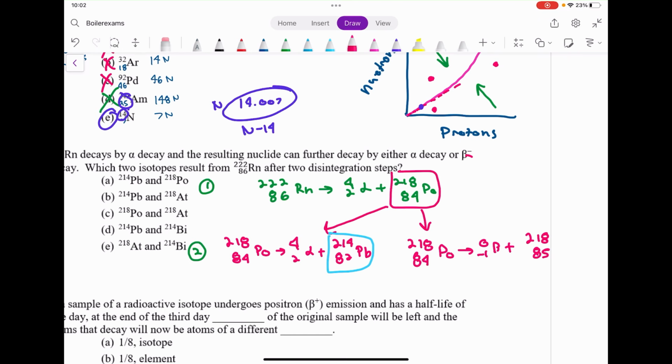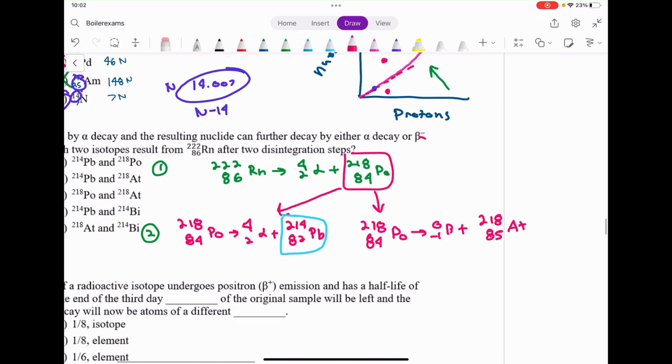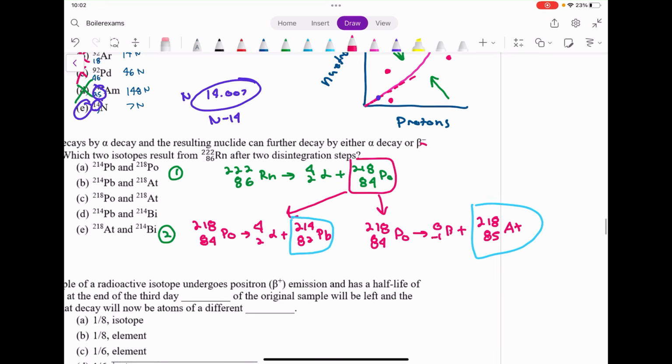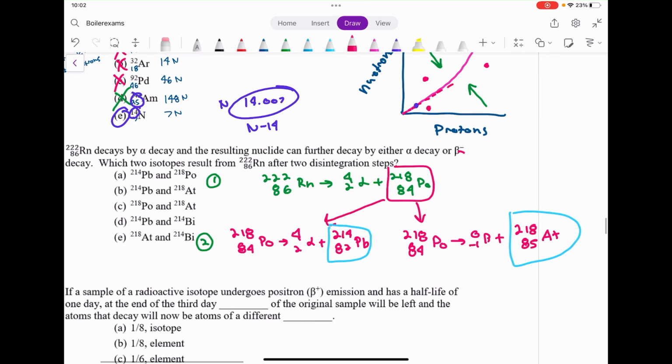The element that corresponds to 85 is At, astatine. Okay, so we got 214 lead and 218 astatine. Which, let's see, no, looks like B.